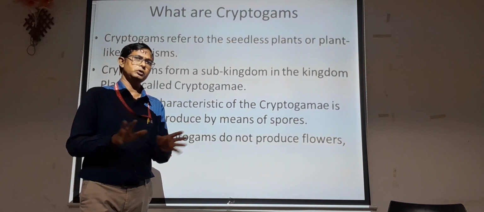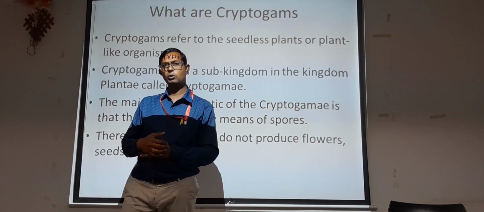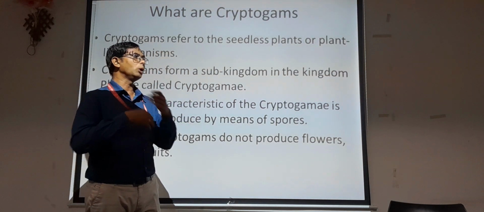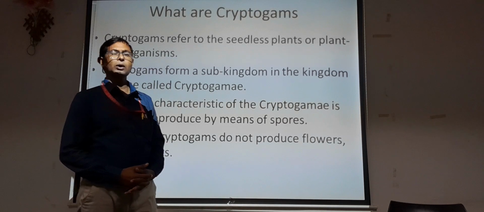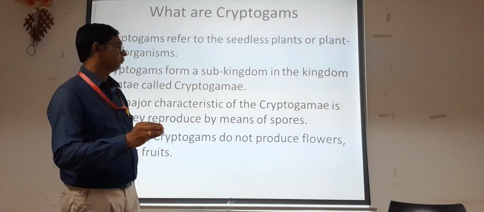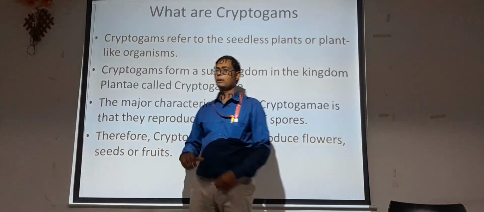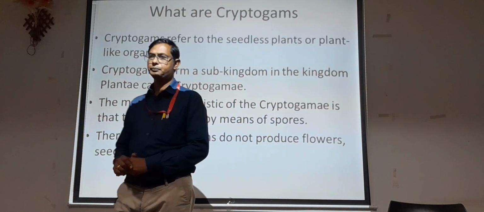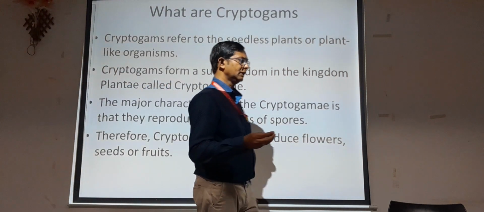They cannot produce flowers, they cannot produce seeds, and they cannot do a pollination-like process, and these are the characteristics of the cryptogams. So now the question arises, what is an example of cryptogams? Can anybody tell? Yes, basically we can say the lower plants.